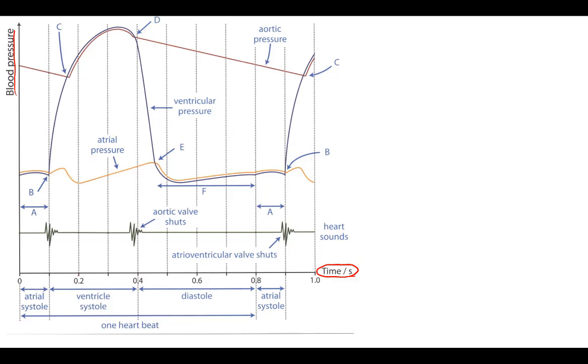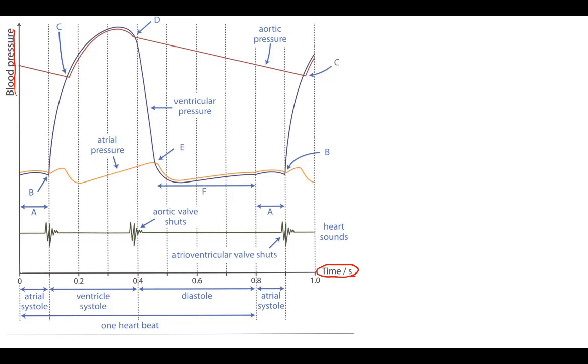Ventricular systole takes 0.1 to 0.4 seconds, so 0.3 seconds between there and there. And then diastole takes 0.4 seconds. So we've got one heartbeat consisting of 3 stages: atrial systole, ventricular systole, and diastole. One heartbeat takes 0.8 seconds.